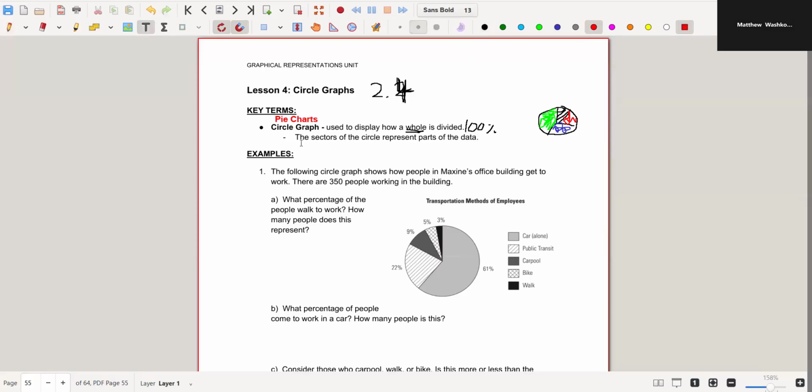One other thing to note here is that circles have 360 degrees. And we represent that with this little symbol here. It's a little dot, right? That's a degree. So whenever you display data, I strongly recommend you always put in the following. You need to put the percentage of it.